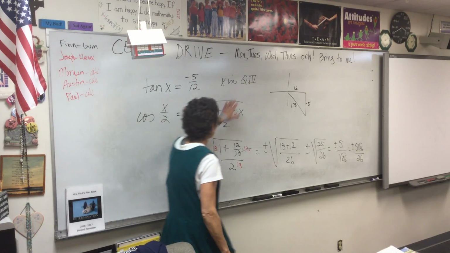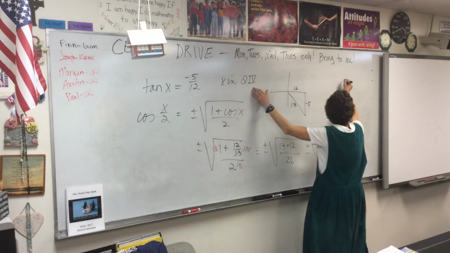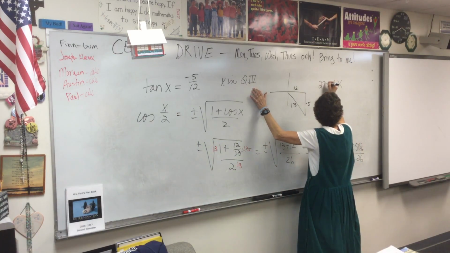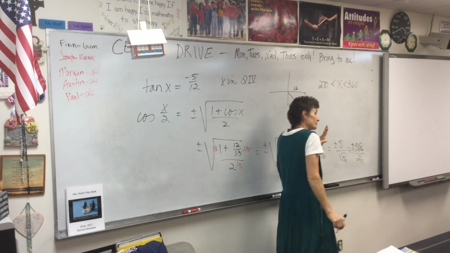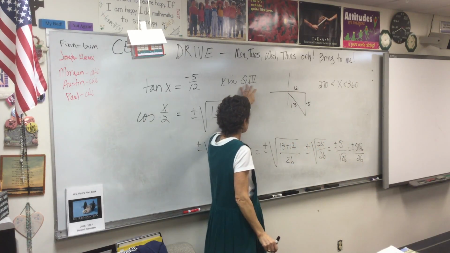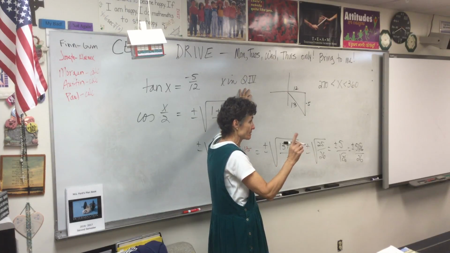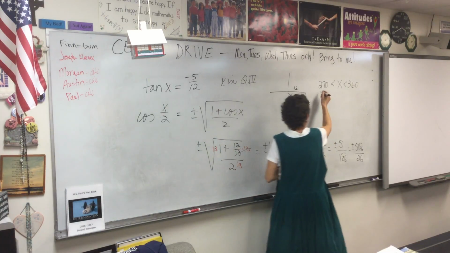All right, so the original is in quadrant 4. Once again, that's between 270 and 360. Go back to the original, set up your boundaries. Now we'll divide it all by 2.